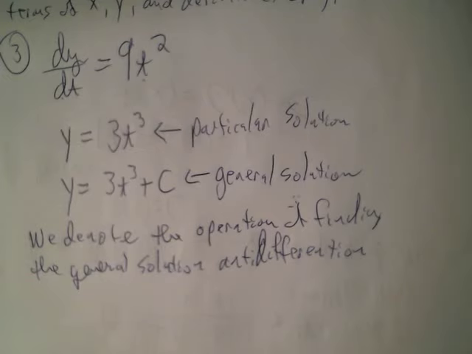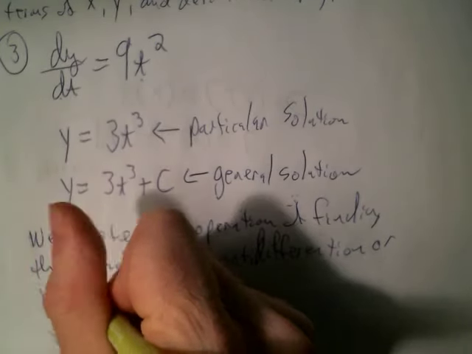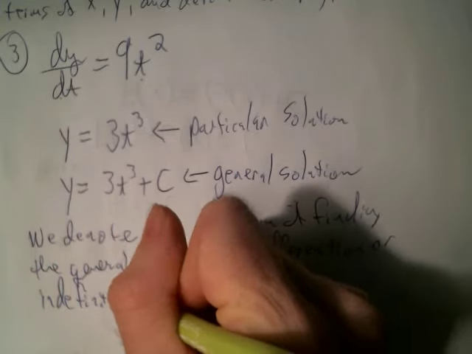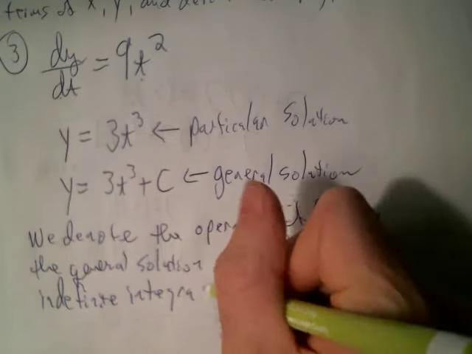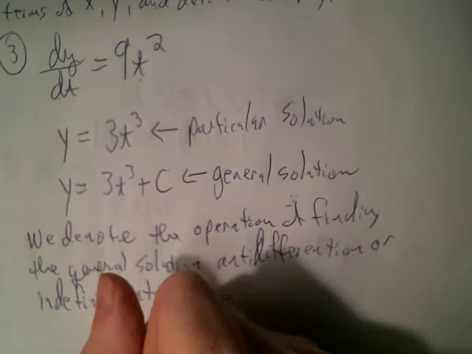Anti-differentiation, which is, I guess, what we've been calling it all along, but we're going to say from now on indefinite integration. And we'll have a nice symbol for it.